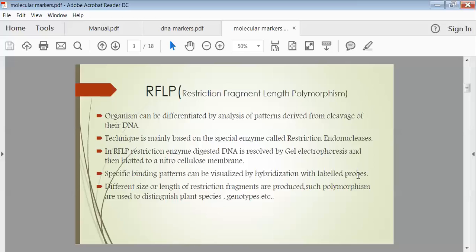That probe works like a spy and will ultimately attach to your target sequence. So based on that protocol you can identify your target gene.